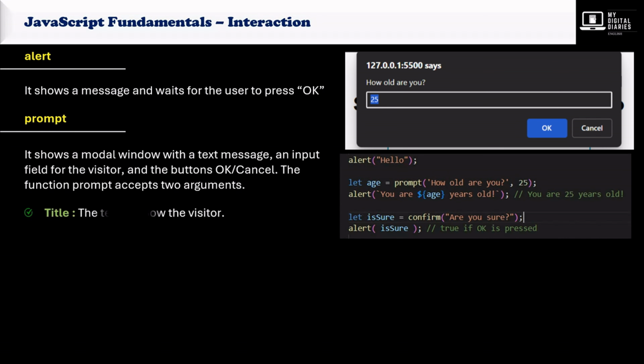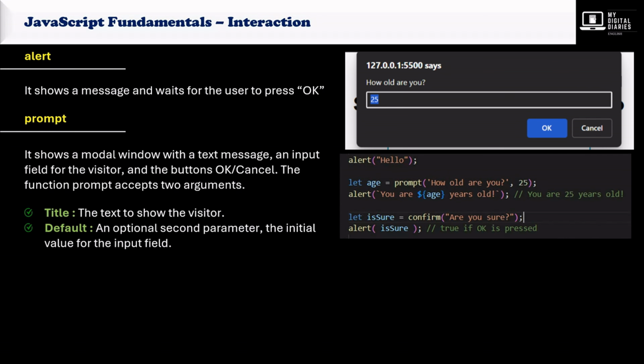In prompt, there are two arguments. The first argument is the title, the message shown to the visitor, and the second argument is optional. It gives you the default initial value pre-filled in the input field. So these are the two arguments.